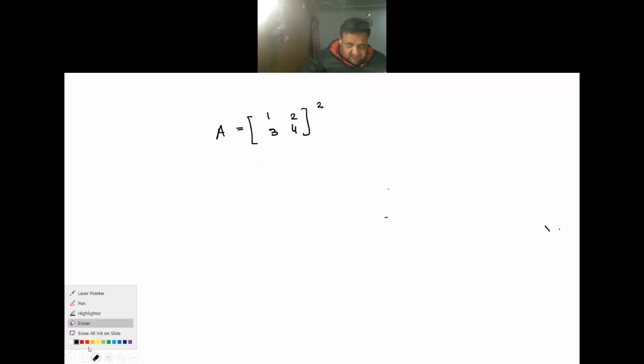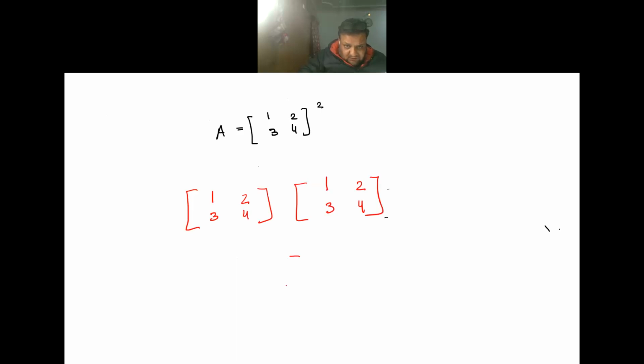So this is 1, 3, 2, 4, and again this is 1, 3, 2, 4. If we take the first column, then we should take the first row. So that is 1 into 1 plus 2 into 3. Then for the first column, second row, 1 into 3 plus 3 into 4.